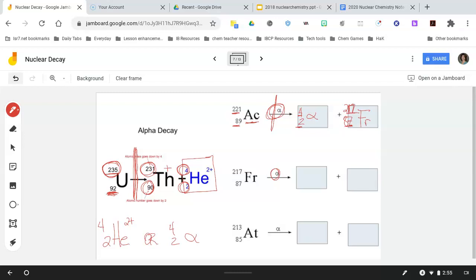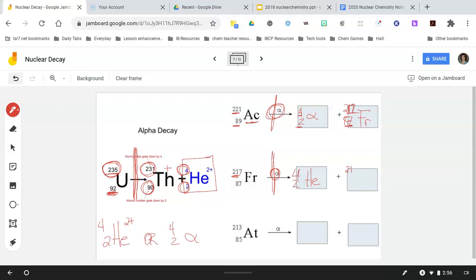Francium 217 is my next particle. Again, I see it's undergoing alpha decay, so I know that my first particle is going to be an alpha particle, so I've got 4/2, and I know it's a helium nucleus. Now I have to figure out my second particle. 217 is the target on the left.